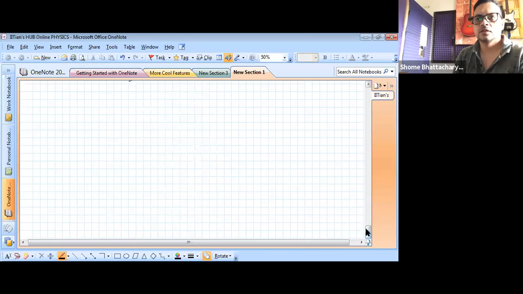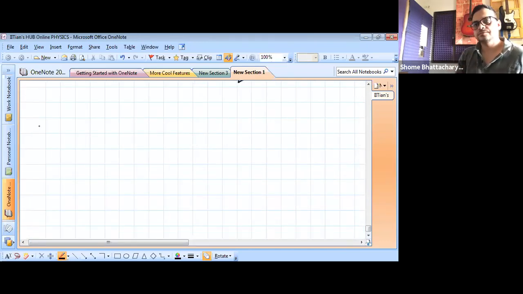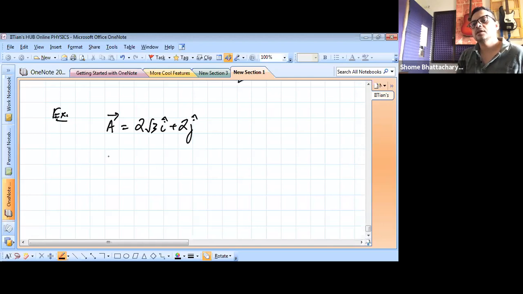Okay. So let's do an example problem to understand this in more detail. So let's first start with an example which is two-dimensional. So I have the vector E, which is 2 root 3 I cap plus 2 j cap. I have the vector B, which is I cap plus root 3 j cap.